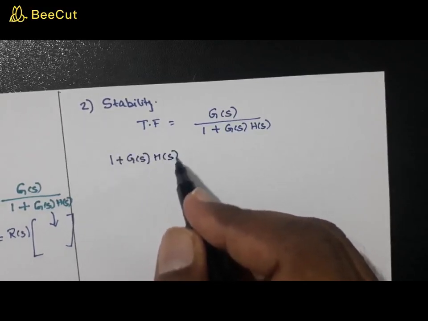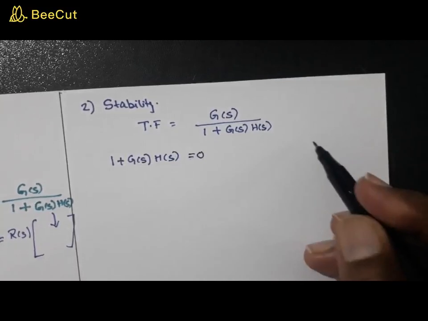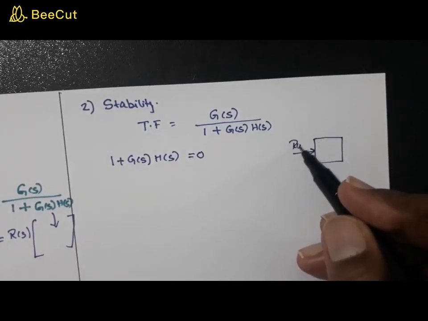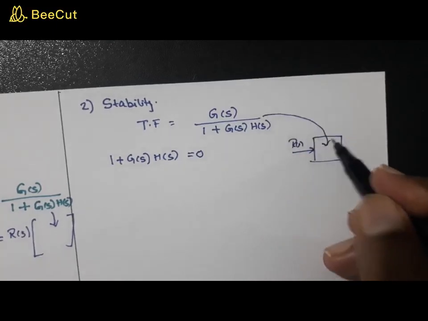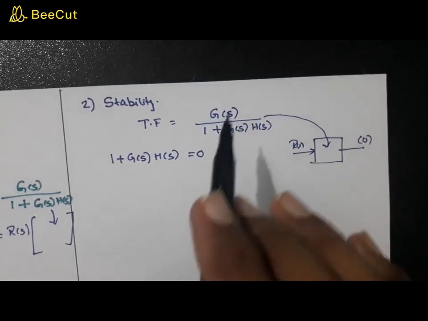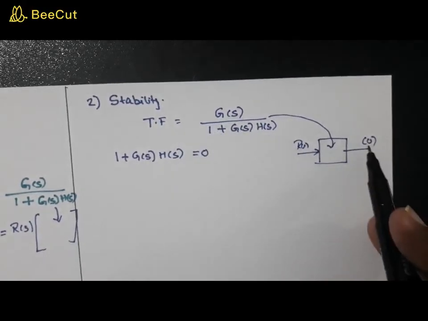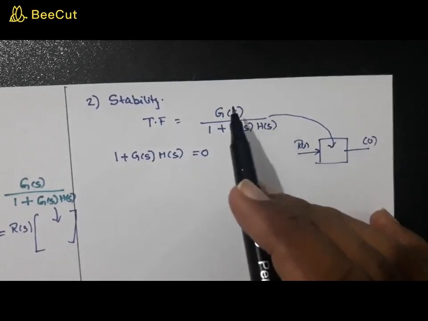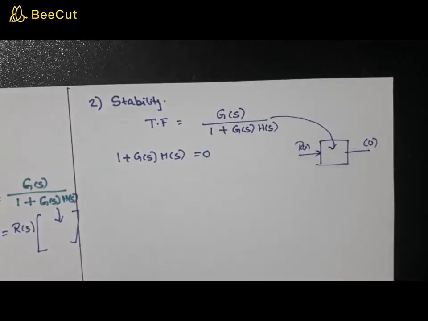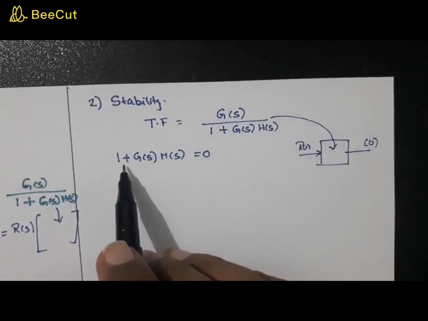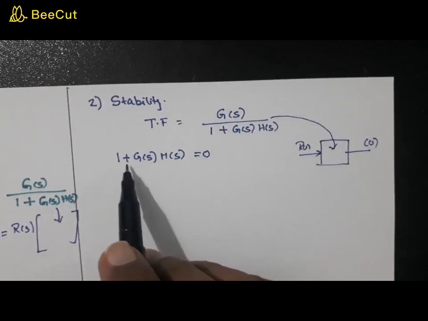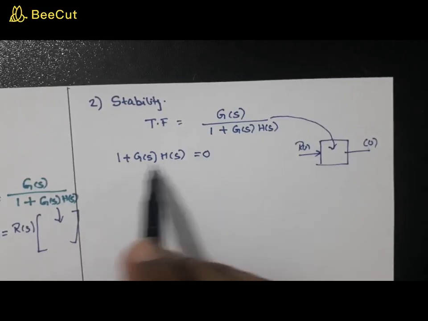1 plus GS equal to 0 means, so always keep this block diagram in mind. You have an R of S, and this is your transfer function, and this is your C of S. So every time you have a value for C of S based on this transfer function, this transfer function multiplied by R of S will give you C of S. Now sometimes there can be a situation, as I told you just before, that this is a frequency dependent term.